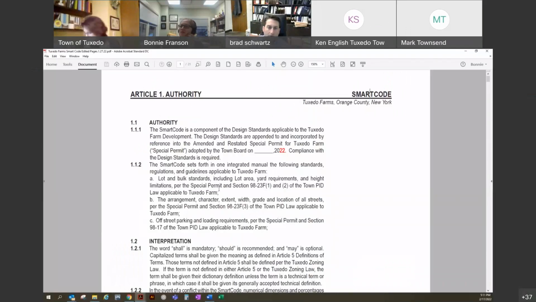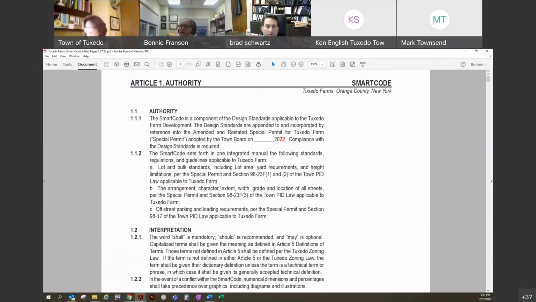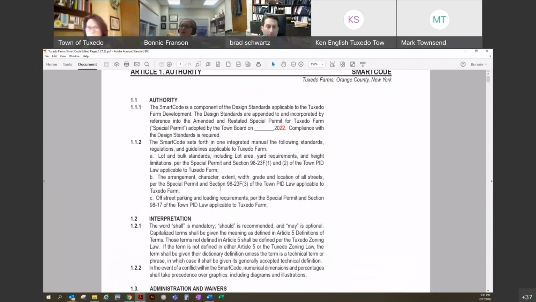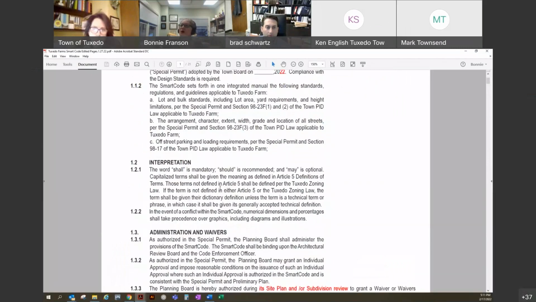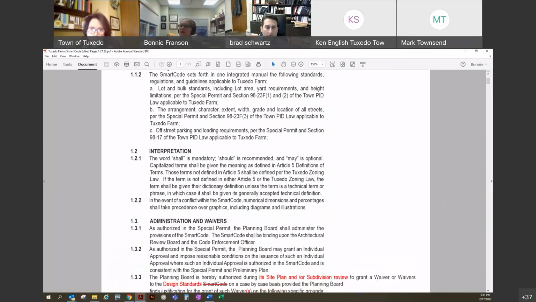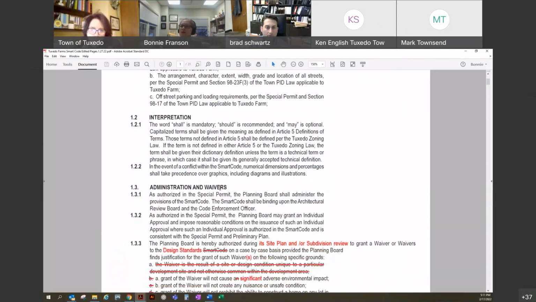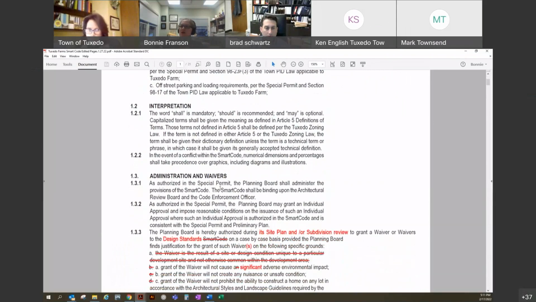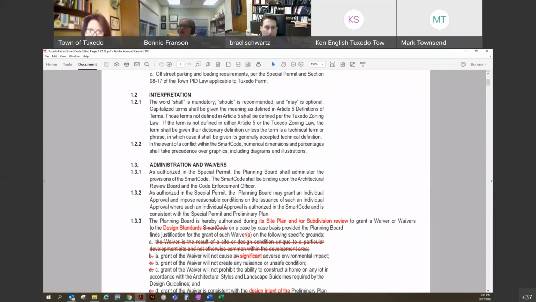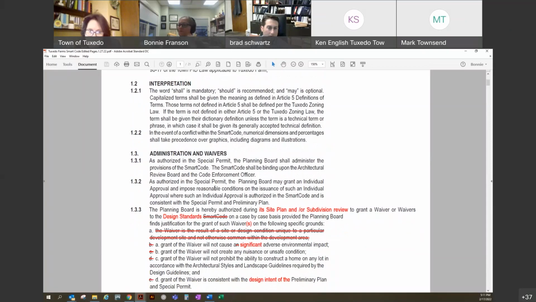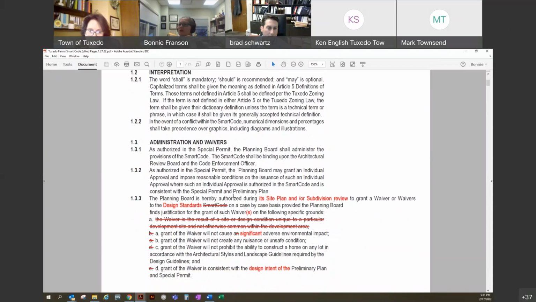So this is the smart code, and just like your zoning code, it talks about authority and that it regulates Tuxedo Farms. It regulates essentially the development. Interpretation, in the same way you'd have in a zoning code, is some general interpretation language as to how to interpret various provisions of the code.